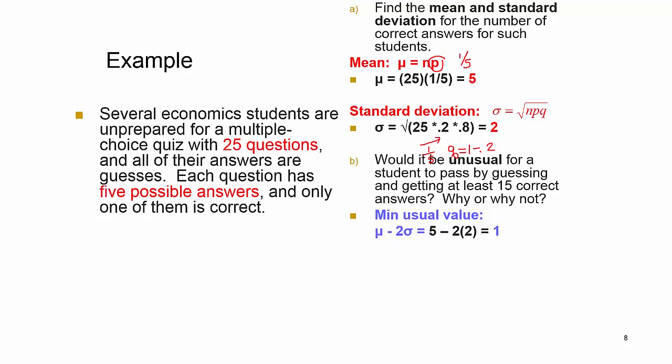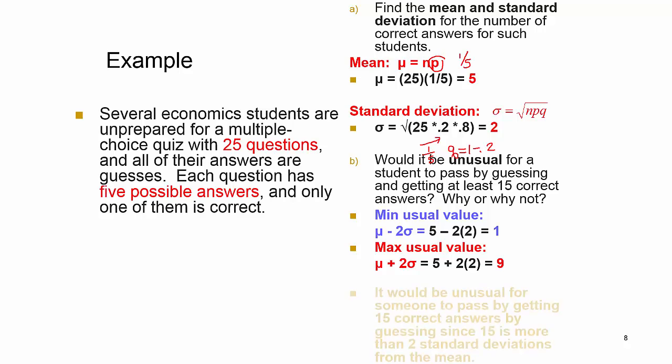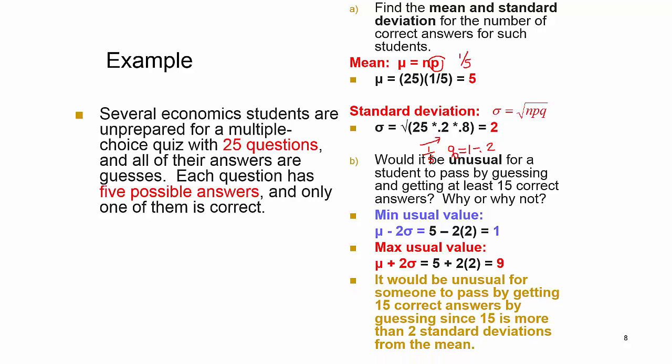So 1 question correct would be the minimum usual correct guessing. Maximum usual value is the mean plus 2 standard deviations, or 5 plus 2 times 2 is 9. So the maximum usual value of questions to guess correctly would be 9. So it would be unusual for someone to pass by getting 15 correct answers, since 15 is more than 2 standard deviations from the mean.